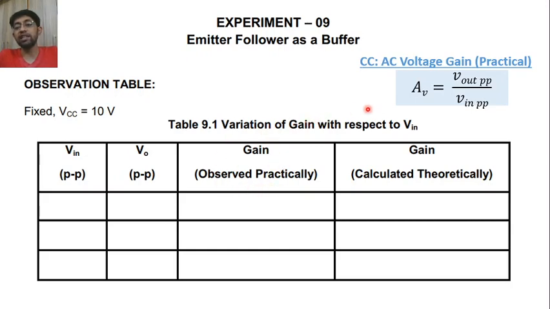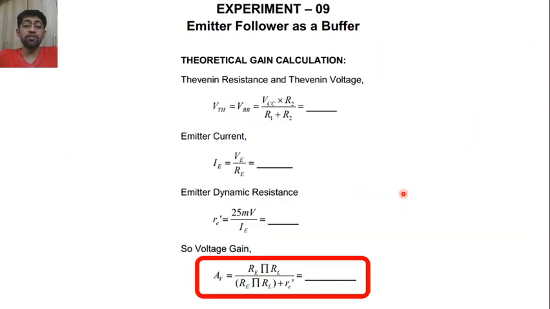Practical gain is the output peak to peak divided by the input peak to peak, and gain theoretically you have to calculate using equations. The equations for calculating the theoretical gain are provided in the manual itself, and are also available in the book. So you have to put in all the values and find the theoretical voltage gain.